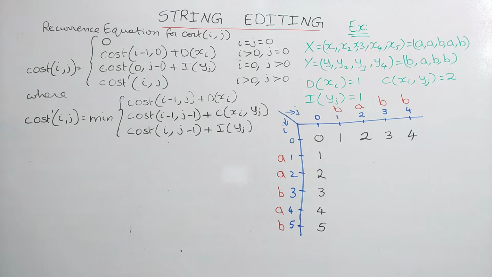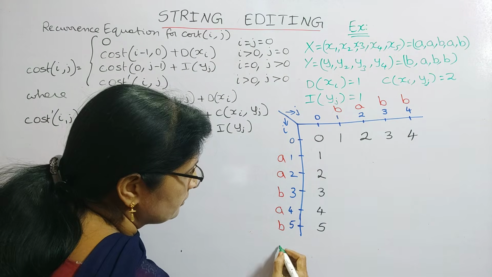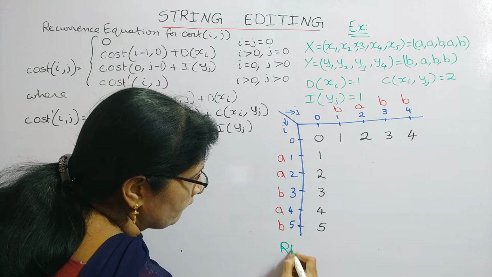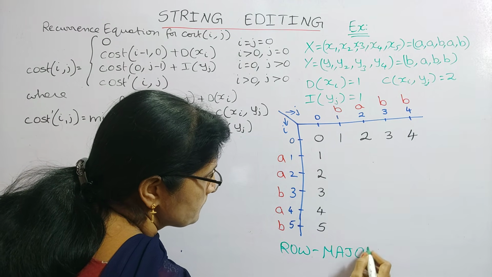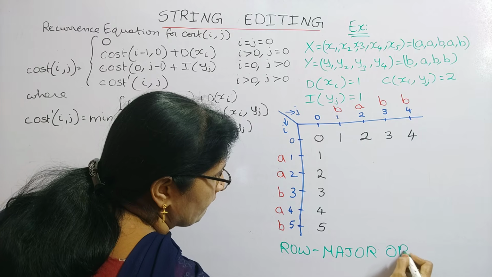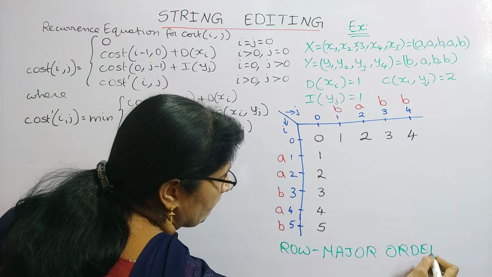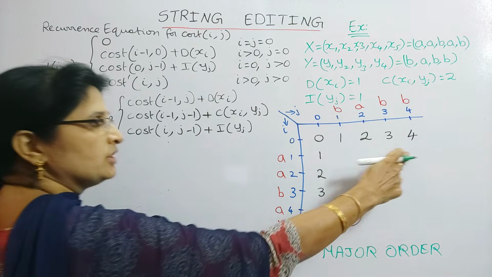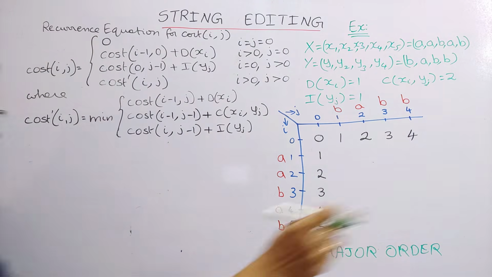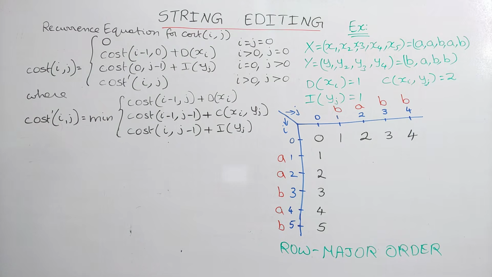So from now onwards, you have to follow row major order. Row major order means what? So first you have to compute the first row, next second row, third row, so on like that. So like this you have to compute in row order. So see now how it will be computed.